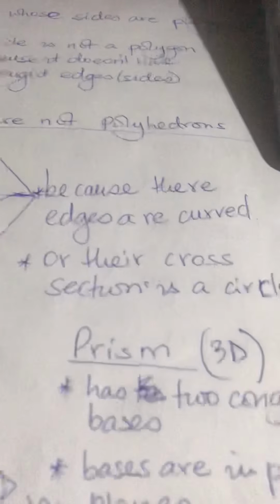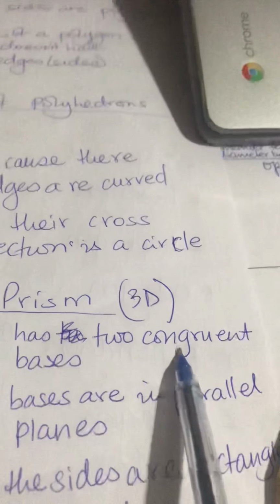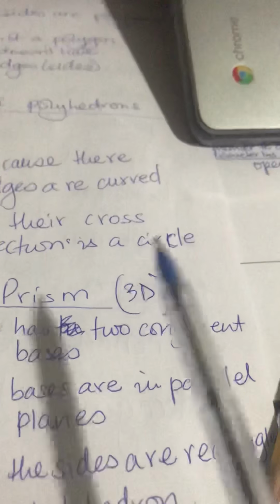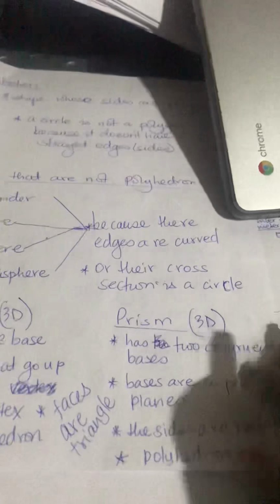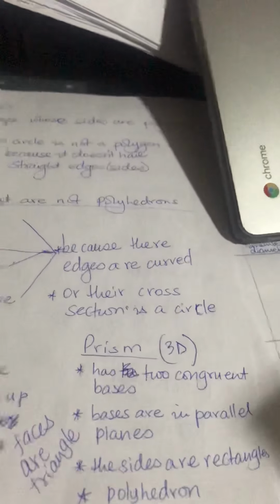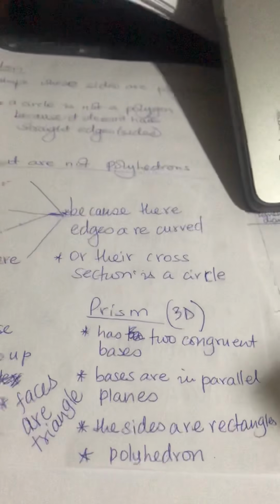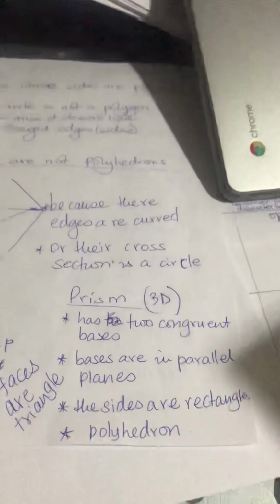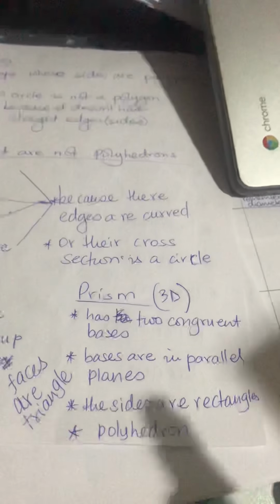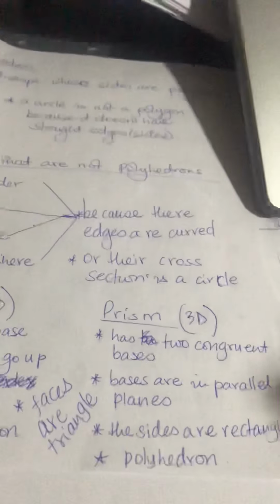So, what is a prism? It has to have two congruent bases. That means if I turn it, it can stand. You see, this face is congruent to this face. So that is why it's a prism. You should have two congruent bases. The bases must be parallel. These bases will never touch each other. And the sides are rectangles, majority of the time.